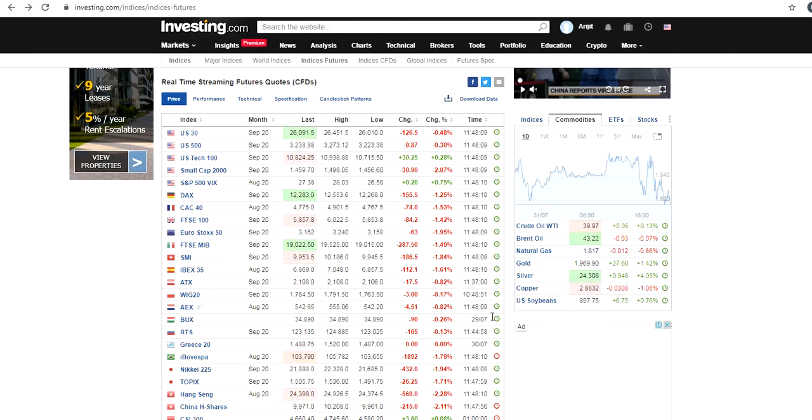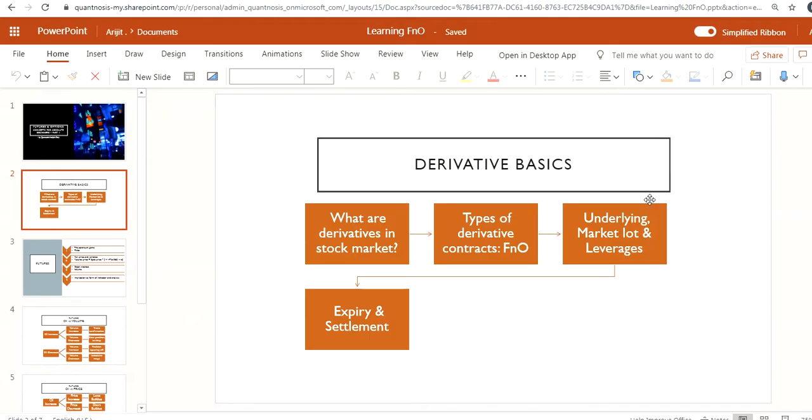Though there are different types of derivatives available in the market, the session's objective is to give a head start in the futures and options segment. There are other forms of derivatives like currency swaps, but we are not going to cover those.